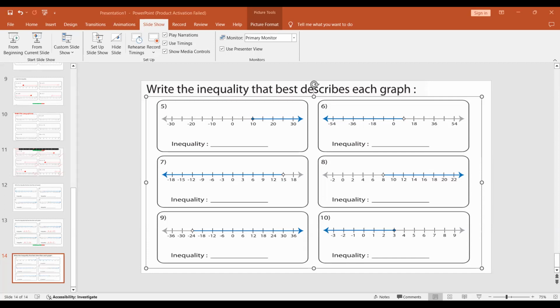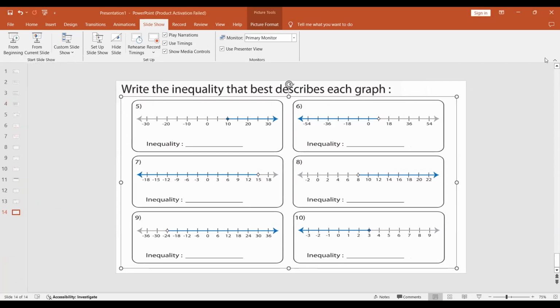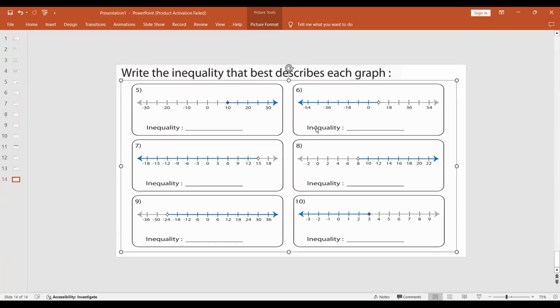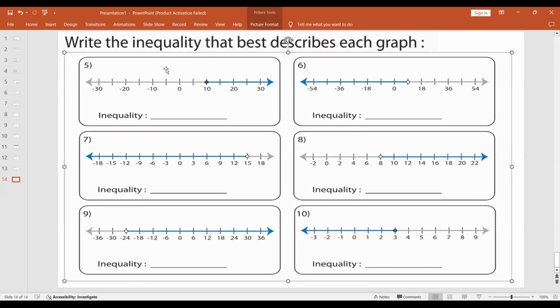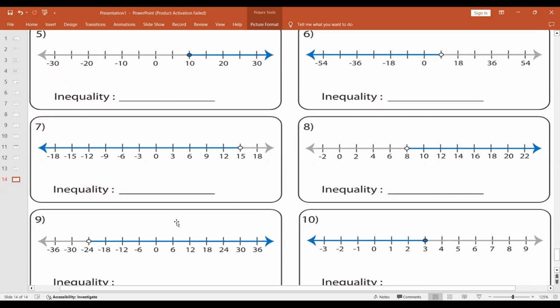Can you put the screen on full? Please put the screen on full screen. I cannot see the numbers. I can't. That's the best I could do. I can see it now. Thank you. No problem.